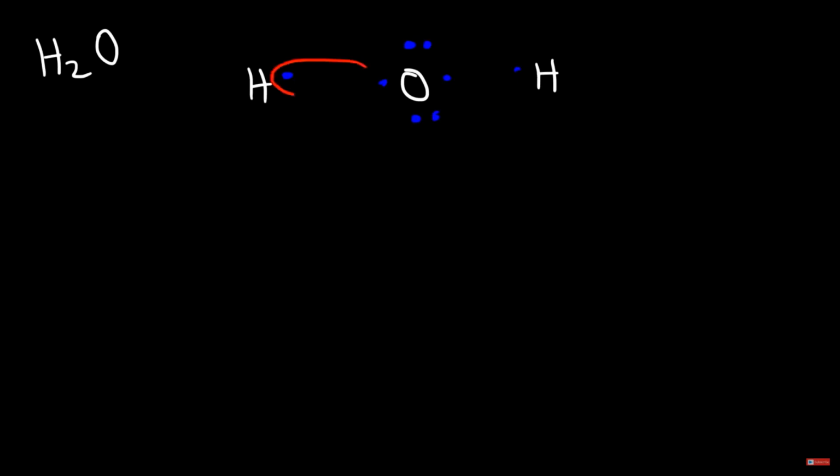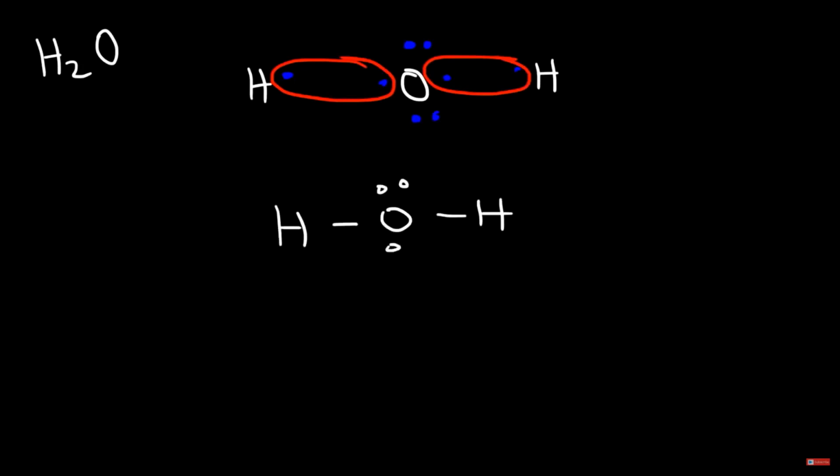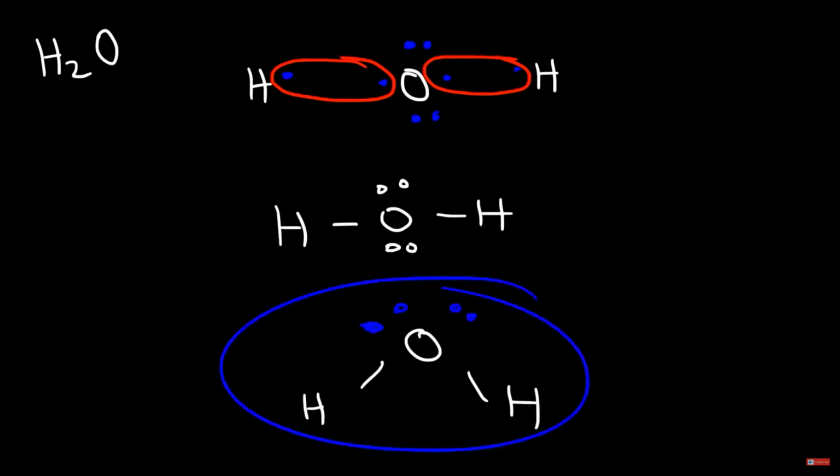So these two will be used to form a single bond, and those 2 electrons will form a single bond. So you can draw the Lewis structure like this, but water does have a bent shape, so if you draw it with the appropriate geometry, technically it should look like this. So that's the Lewis structure for water. It has a bent shape.